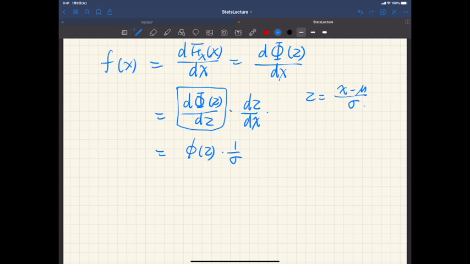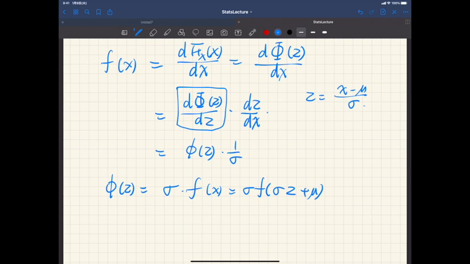Okay, again, we have the density function for the standard normal distribution as 1 over sigma times f of x, but we changed the variable x to z, so x is equal to sigma z plus mu.